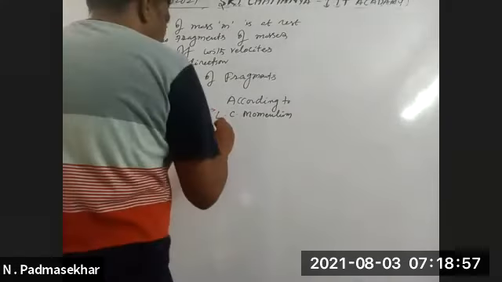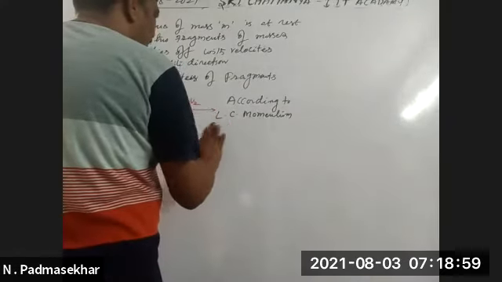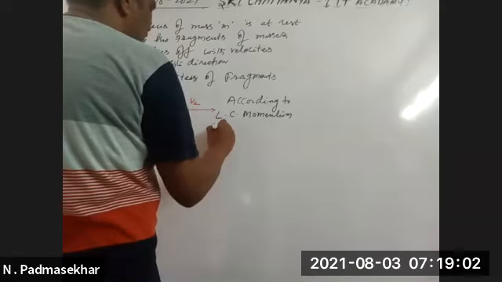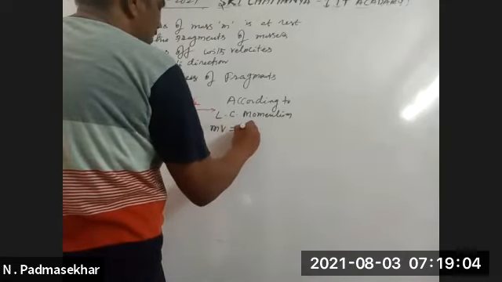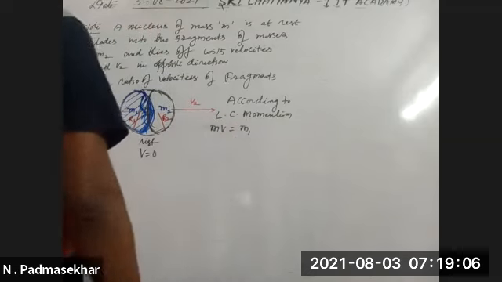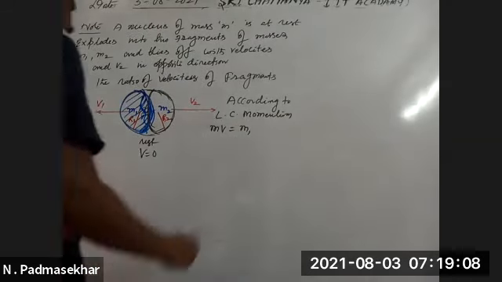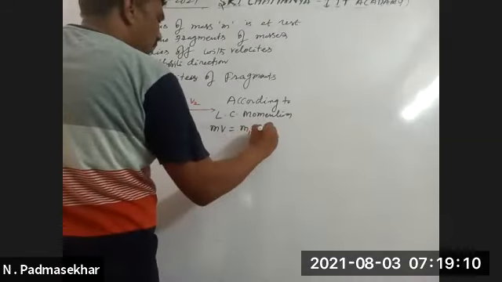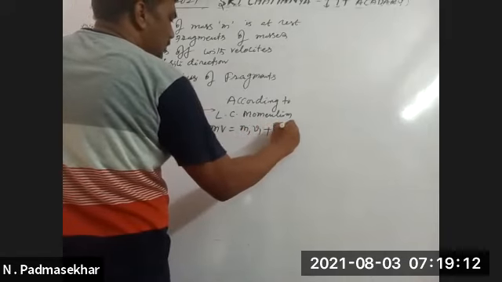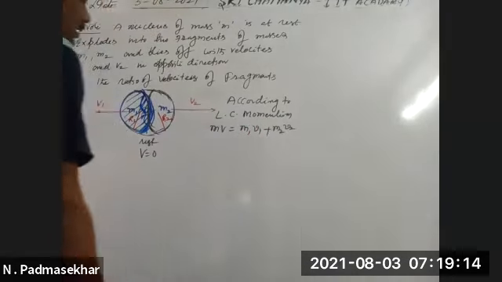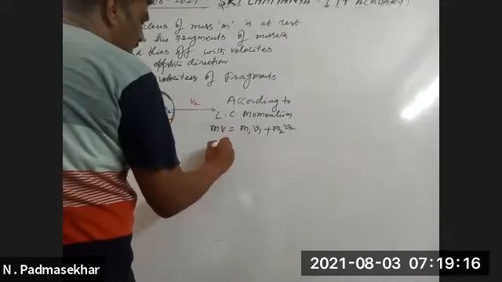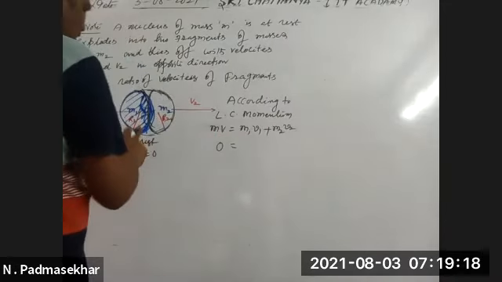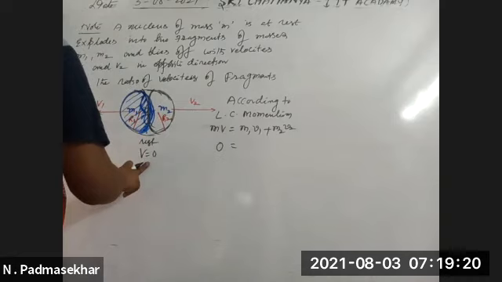So the momentum before explosion, that is mv, is equal to the momentum after explosion, that is m1 v1 plus m2 v2. This m into v is 0 because the velocity is equal to 0.